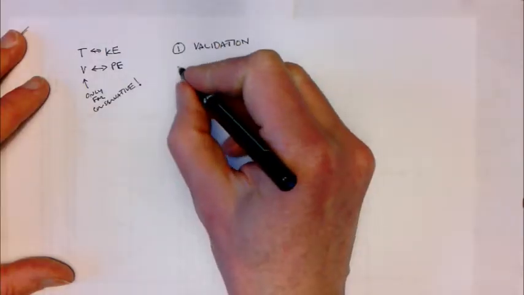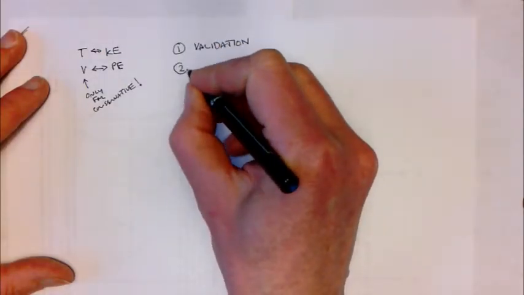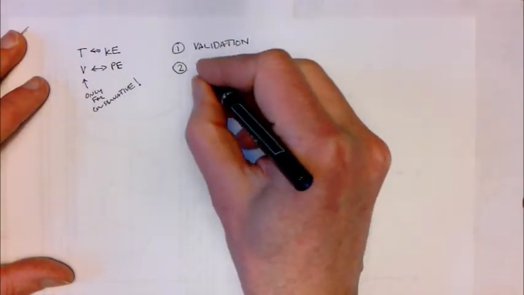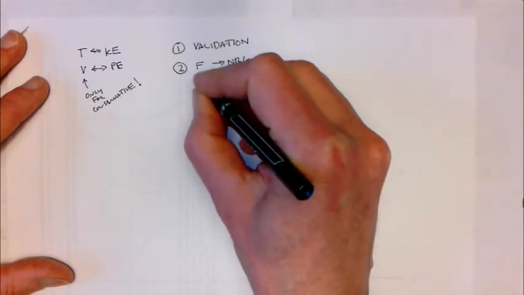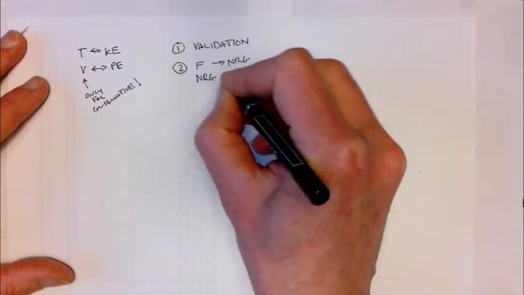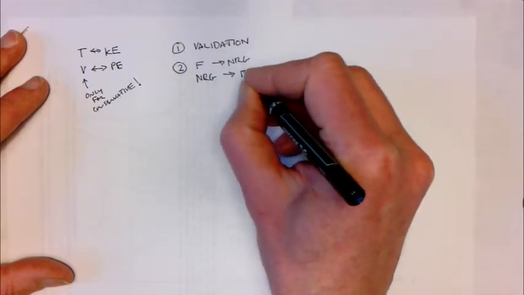There's a second thing that you can do with energy that's kind of handy, which is that often energy is really useful for figuring out what the equations of motion are. In particular, it's often easier to start with energy to figure out forces than it is to start with forces and then figure out energy. So instead of going from forces to energy, we can start with energy in order to figure out what the forces are.